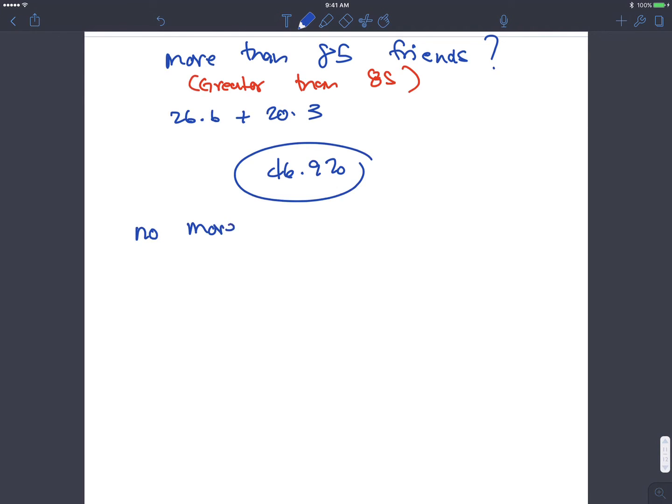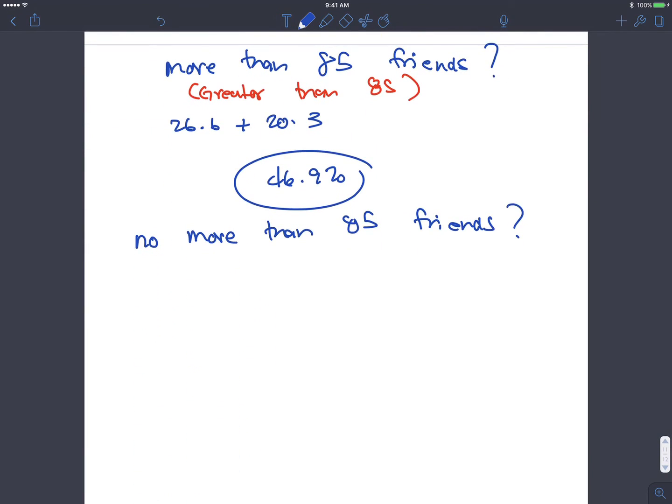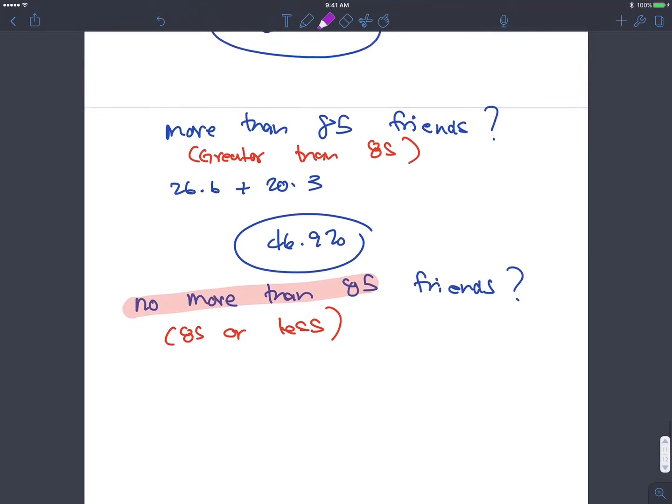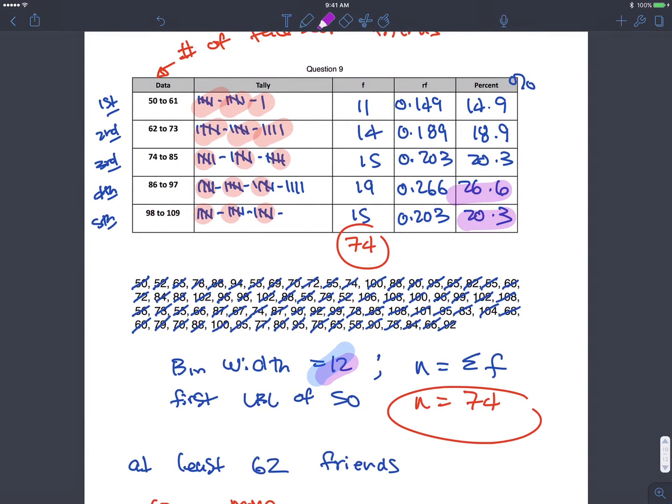No more than 85 friends. The key here is to recognize the meaning of no more than 85. That's short for not more than 85, or simply 85 or less. Those are bins 1, 2, and 3.